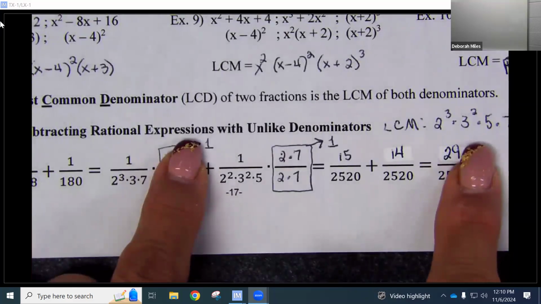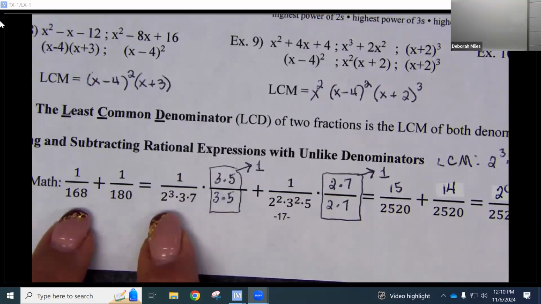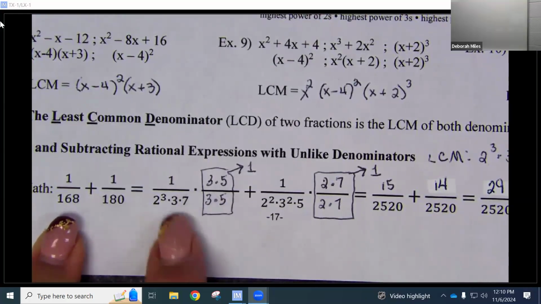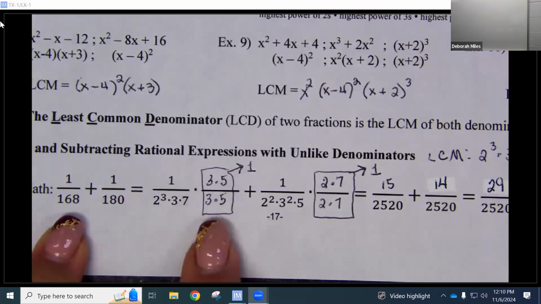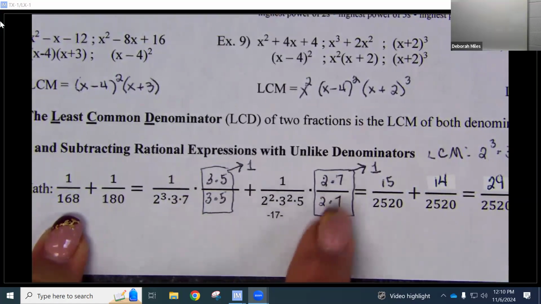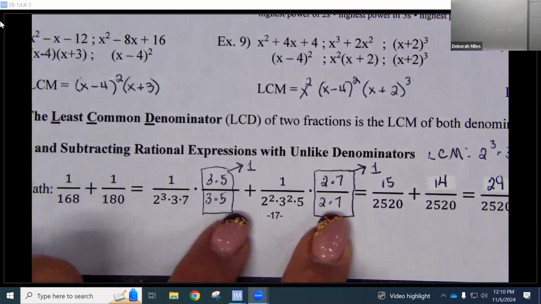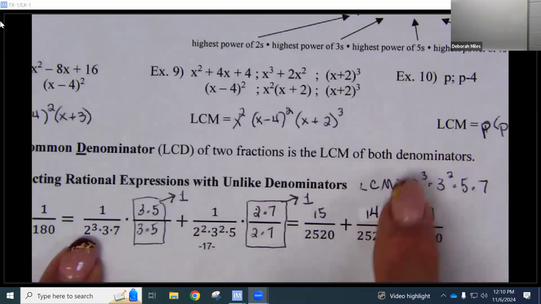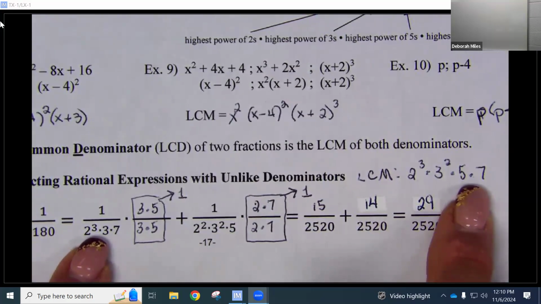Once we determine the LCM, we factor the denominators so that we can tell what factors are missing. We factor these denominators, but then left a blank that we went back and filled in. We factored this denominator and left the blank that we came back and filled in. To figure out what to fill in the blank with, we just looked at the factored form of this denominator and say, what does it need in making it have the LCM?